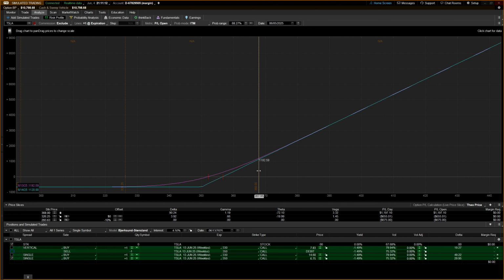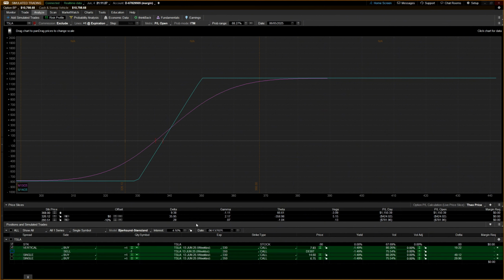Because if Tesla is at 368 on expiry, you're looking to make $1,200, which is actually, if you look at the spread, you're going to make $1,200 on the spread too. Wow, look at that.